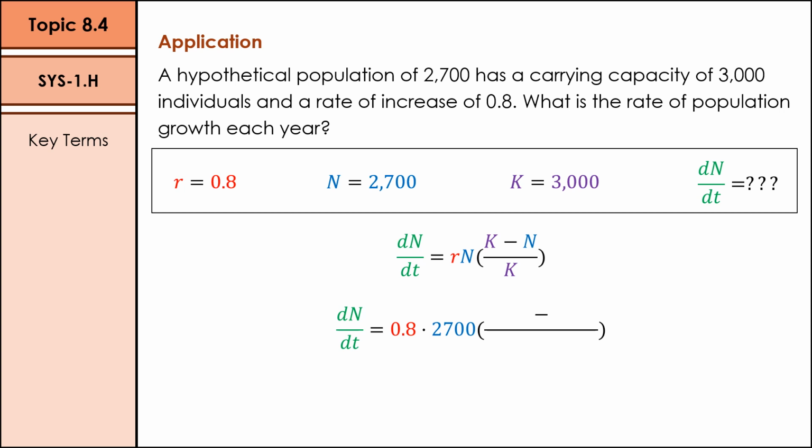And then within our parentheses, which means that we want to do this part first, we're going to go carrying capacity minus our initial population size, divided by our carrying capacity. Solve for what's in the parentheses first, then multiply everything together, and that should have gotten you to a growth rate of 216 individuals per year.